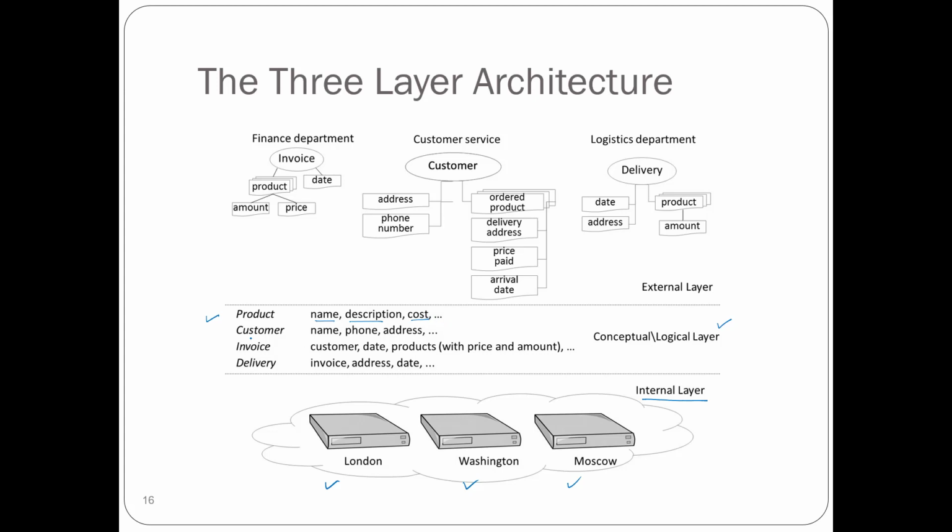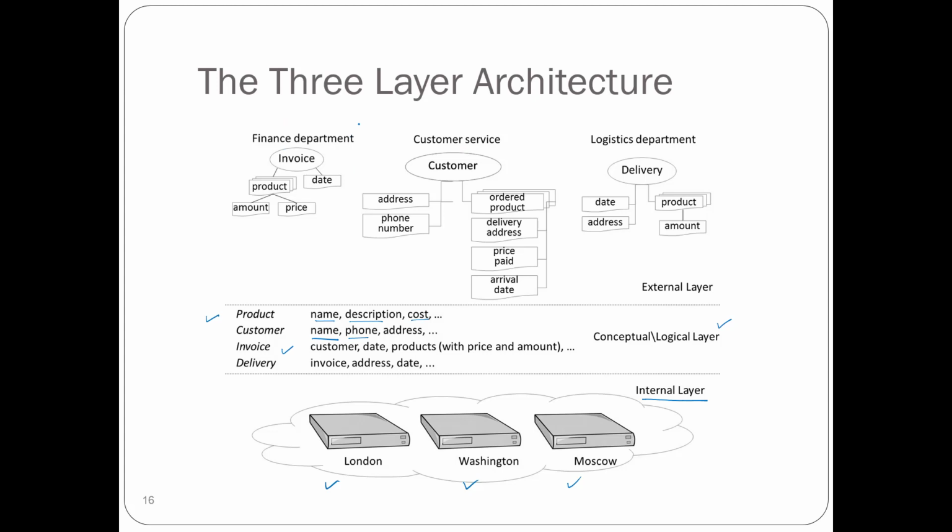Similarly, for customer, you have the name, phone, address, and so on. Similarly, you would have the understanding of the invoice. For invoice, you have many attributes, as we call them technically, but you can think of different fields or properties or data items.